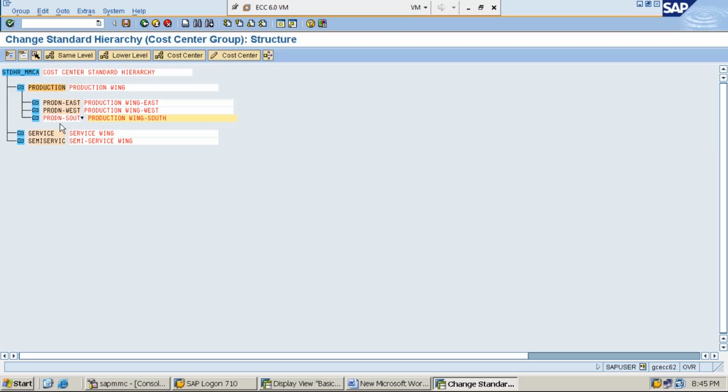Now keep the cursor on the description production wing South. Click on same level.